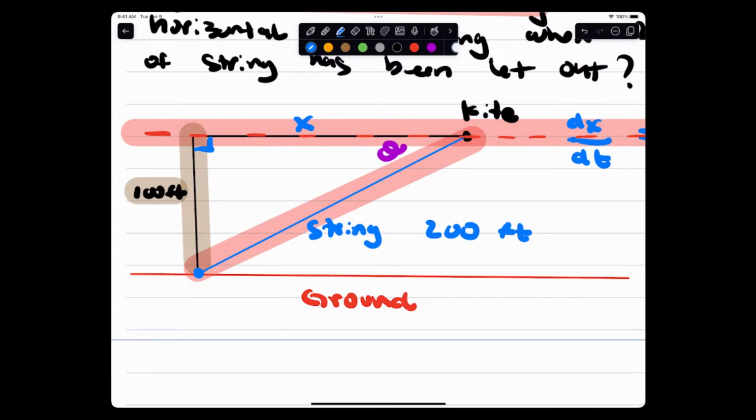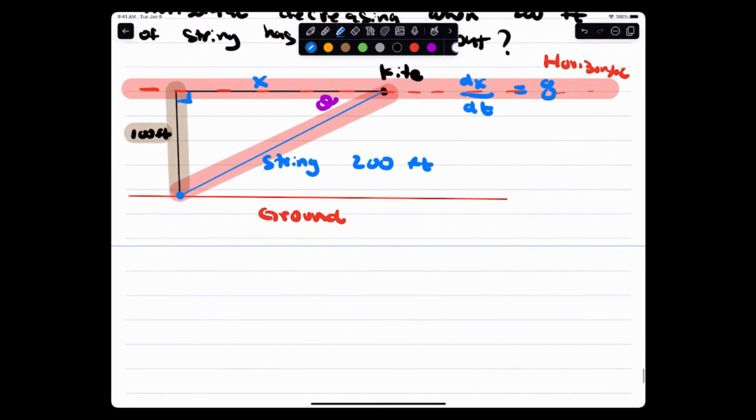Anybody know? What's tangent theta? Because don't I have these values known here? I got theta, and I have 100, and I have x. Is that right? So what do we know about that?